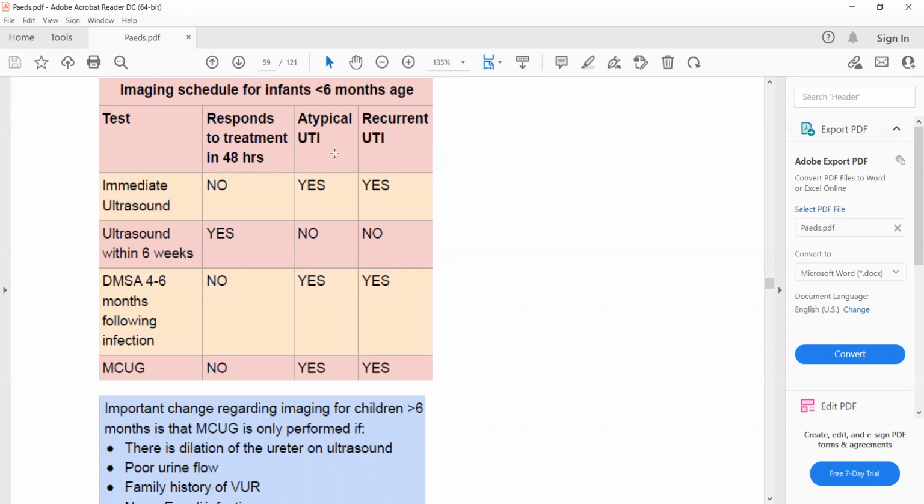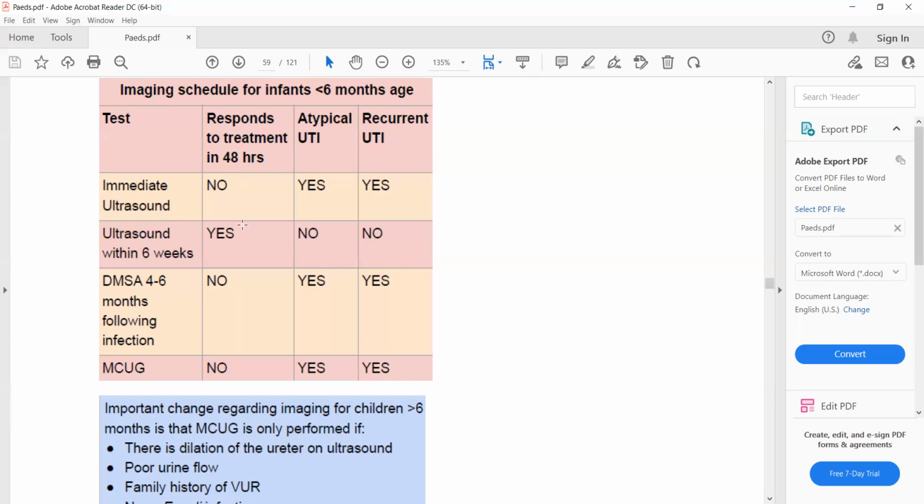An atypical UTI has an atypical presentation, such as abdominal pain and toxic child, poor urine flow, etc. And recurrent UTI is two or more UTIs in the previous 6 months, or three or more UTIs in the previous 12 months. If the child has such a history, then we'll label it as recurrent UTI.